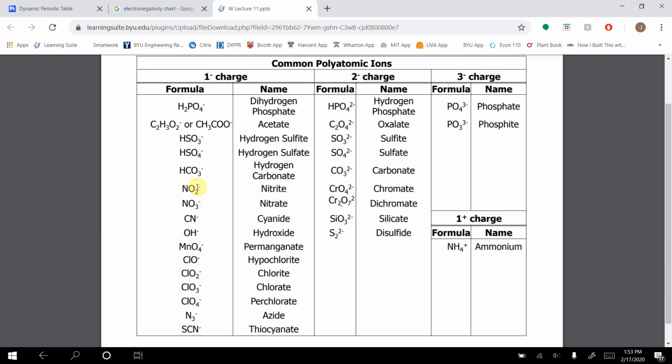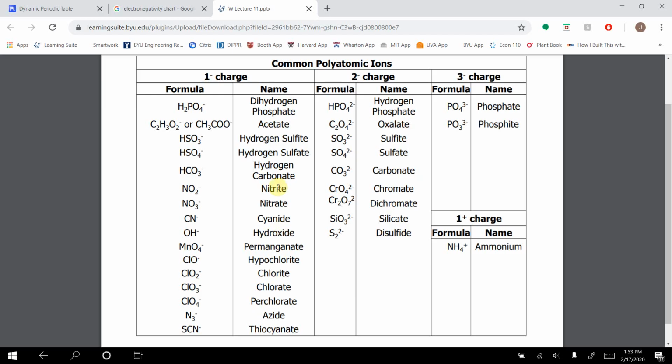Well, that's a polyatomic ion, multiple atoms making an ion, and it's called nitrite. NO3- is called nitrate. Okay, so there's not a real good pattern for learning these names, but at least for Chem 105, these are the ones that you'll want to be able to identify from memory.